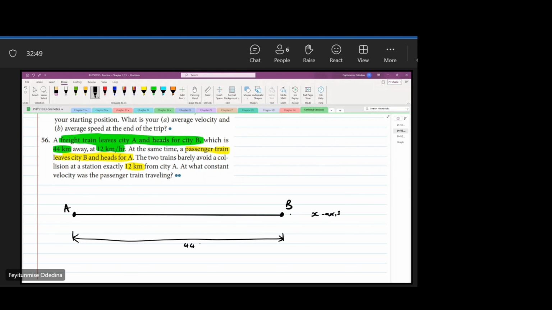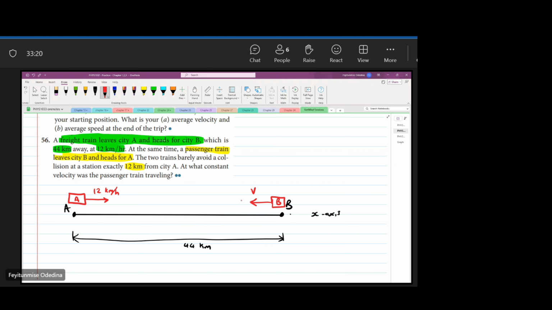We have our first train, we're going to call train A, and that train is going towards city B at 12 kilometers per hour. At that same time, we have a different train, train B, going towards A at an unknown speed. So I'm just going to call that V.